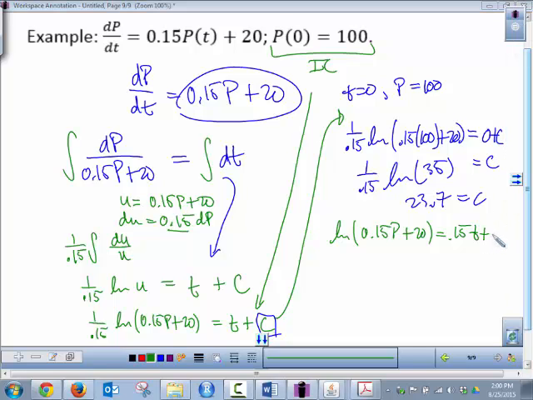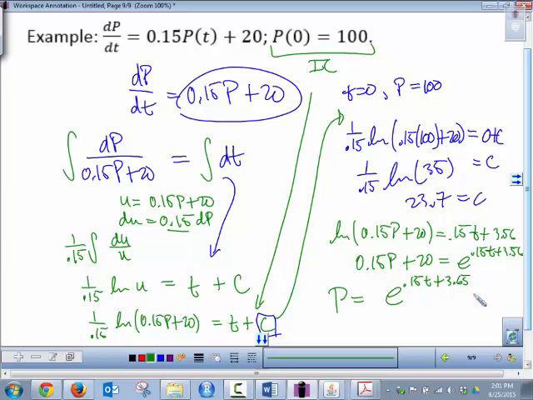Anybody? 3.56. And then now I'll take this to the e power. And then I'll take the 20 over and then divide by 0.15. So p is equal to e to the 0.15 t plus 3.56, minus 20.